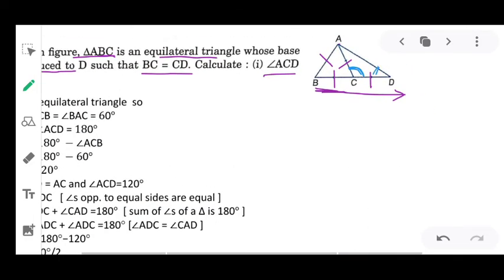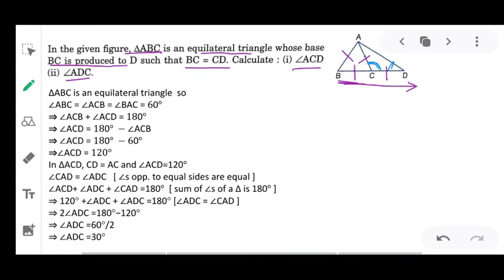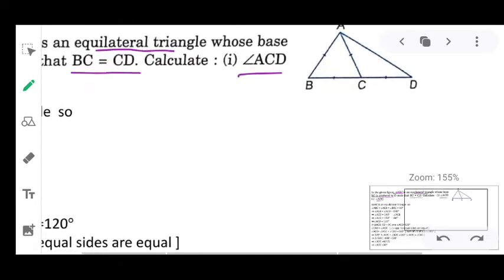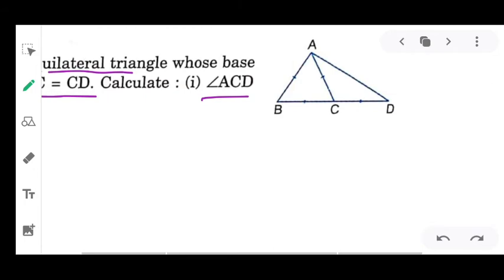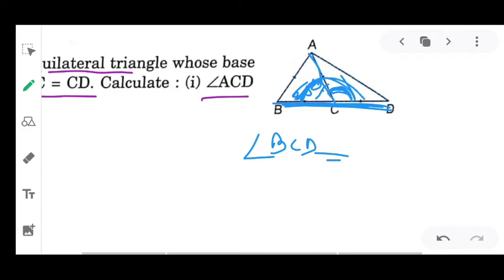Since triangle ABC is an equilateral triangle, each angle is 60 degrees, so angle ACB will be 60 degrees.